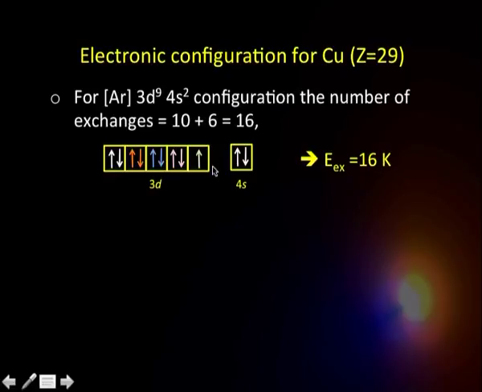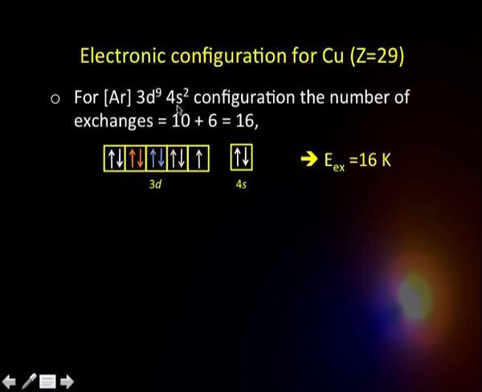If I look at the d orbitals here, there are 5 orbitals, 4 of them doubly occupied and 1 singly occupied. If you look at the spin's nature, all the 5 orbitals have spin up electrons in them, so they can exchange positions among themselves.